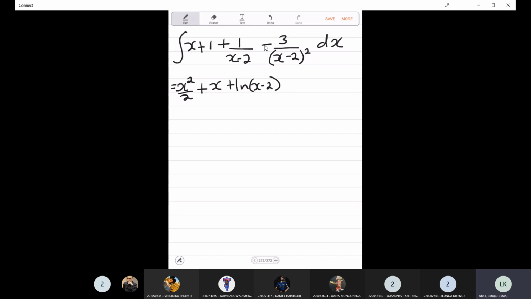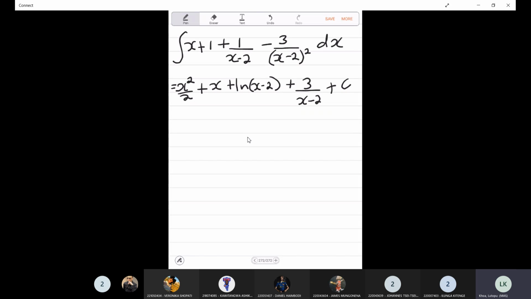So I have plus 3 over x minus 2. Because I'm dividing by negative 1, this negative changes to positive. And then plus my constant of integration.